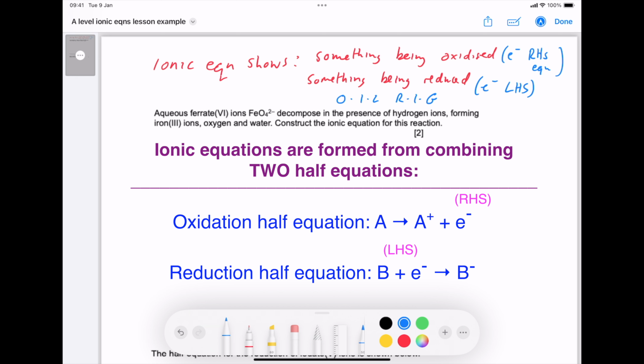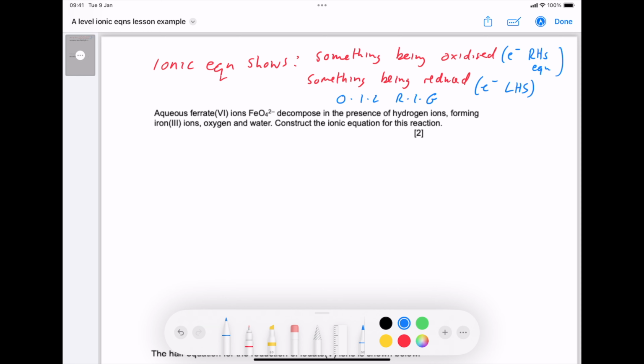So we're going to put these definitions into use now in the second part of this question. Aqueous ferrate ions decompose in the presence of hydrogen ions, so that would be H+, forming iron 3, oxygen and water. Construct the ionic equation for this reaction. So let's go ahead.